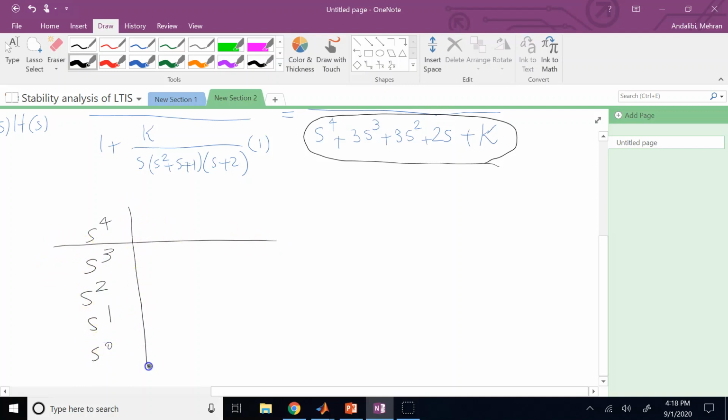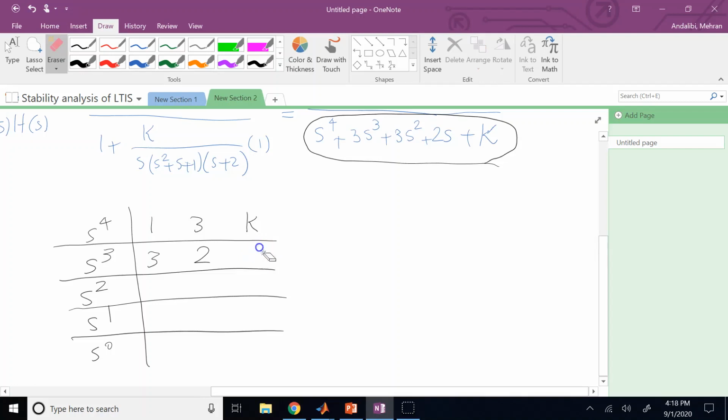Put the coefficients down, so it is going to be 1, 3, k. So k here is a parameter. Here it's going to be 3, 2, and nothing. And we learned that when we have nothing in the second row, we have to artificially add a 0.